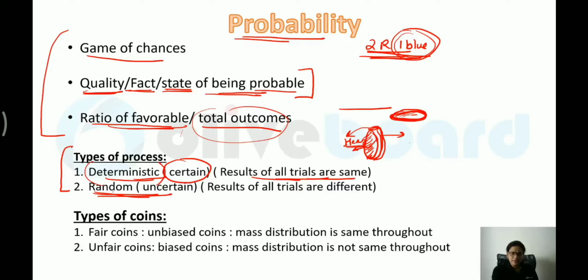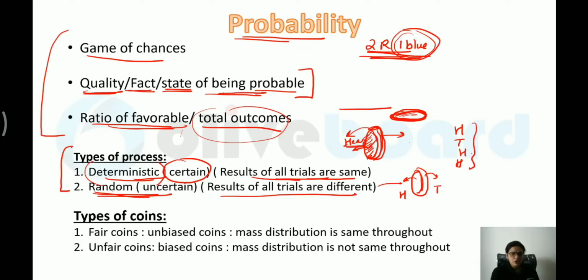Okay, now what is the meaning of a random or uncertain process? The results of all the trials are different. Suppose I take a coin again and it is a balanced one, so it may fall on this side or it may fall on this side. You may get head or you may get tail. The first time I may get head, next time I may get tail, next time I may get head, again I can get head also.